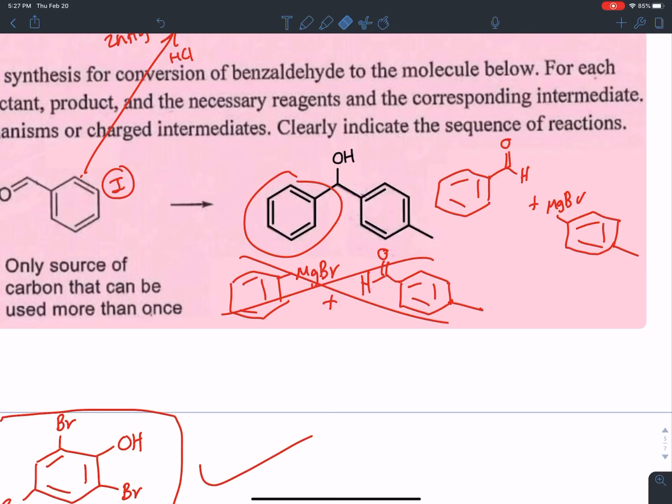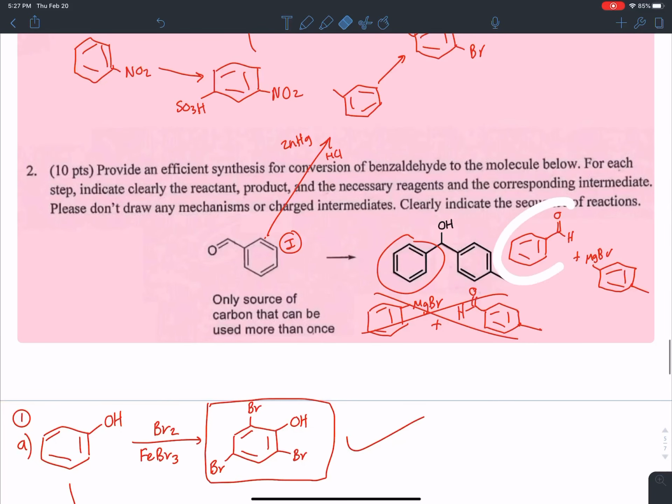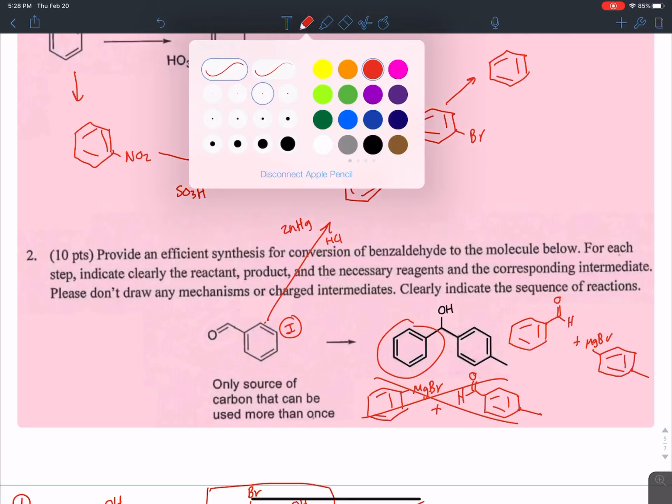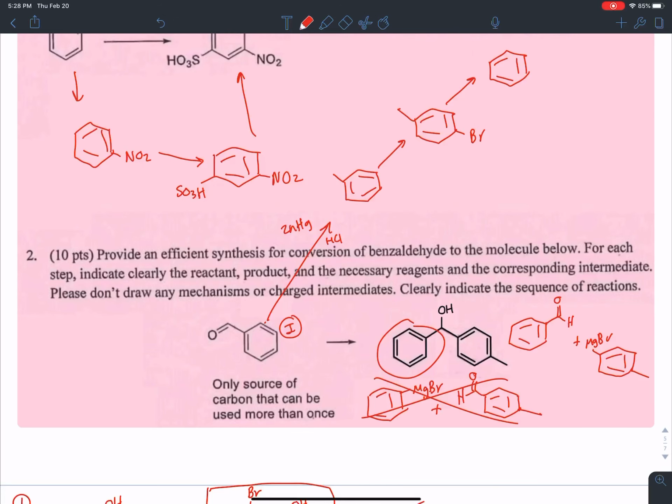Now, I already have this thing ready to go. The aldehyde part I already have because it was given to me in the beginning. I just have to make this MgBr thing, and that's what I just did on top. If I reduce the double bond O, I go to a methyl. The methyl will add the Br, and then I put this through Mg. So now I've made this thing.